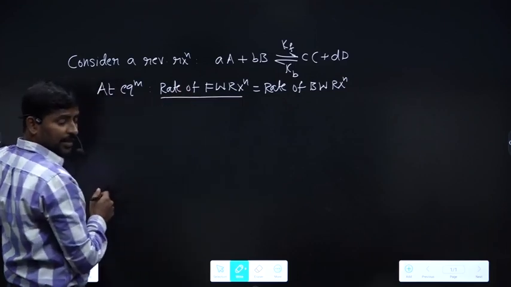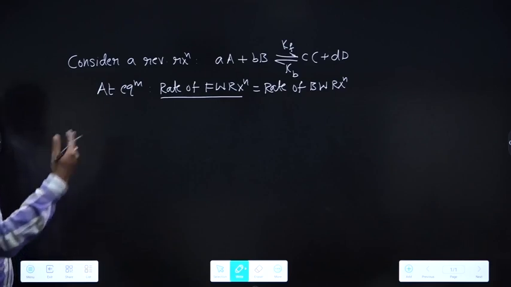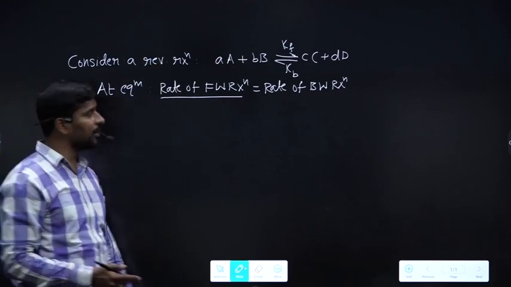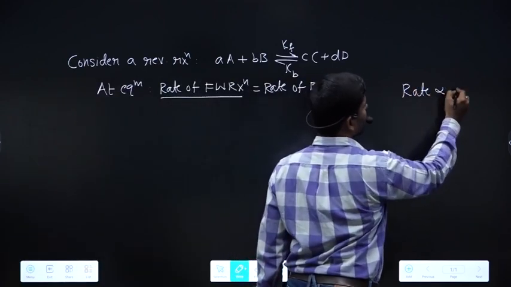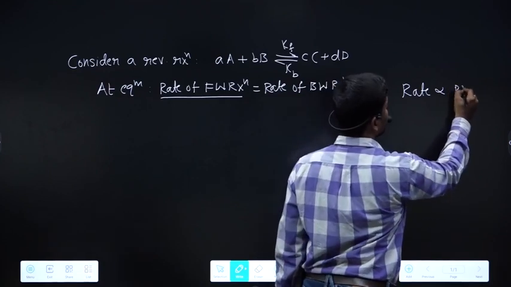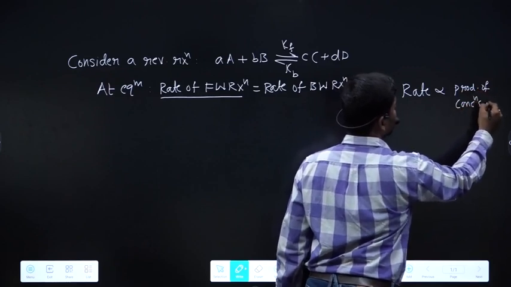Rate of a reaction is equal to the rate constant into, according to the law of mass action, which we will discuss in detail in chemical kinetics, rate is proportional to the product of concentrations of reactants raised to powers.